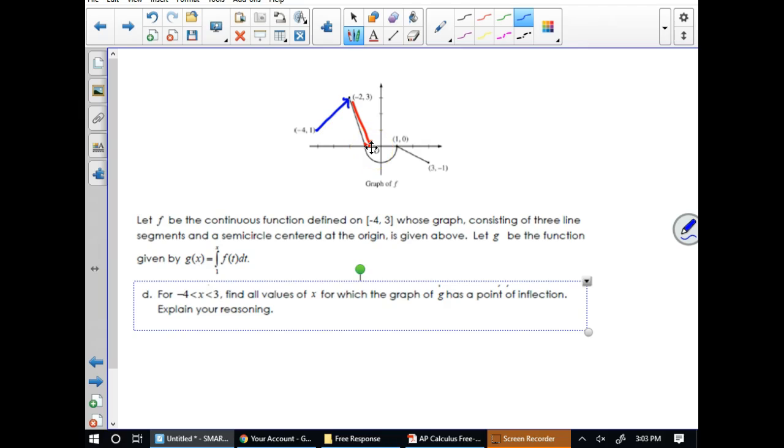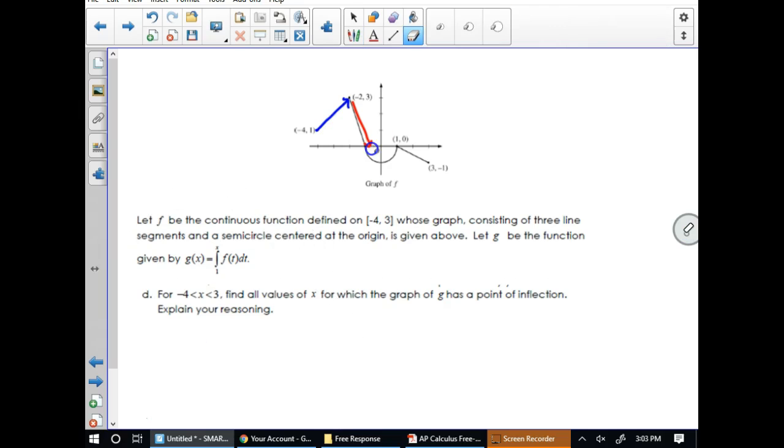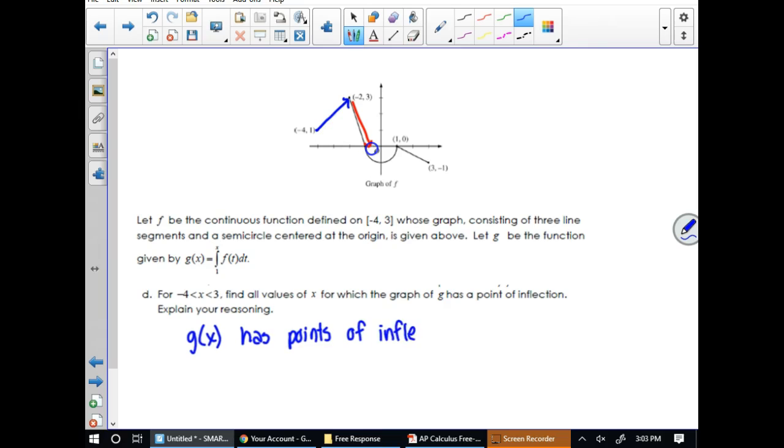of inflection. So we do need to state here that g double, actually no, we've already stated that g prime of x equals f of x. So we're going to say that g of x has points of inflection at x equals -2.